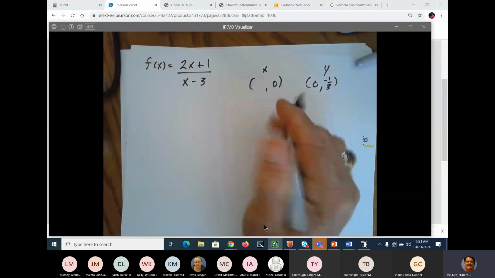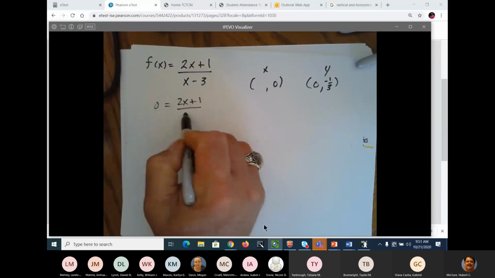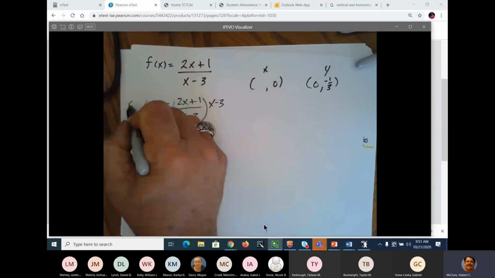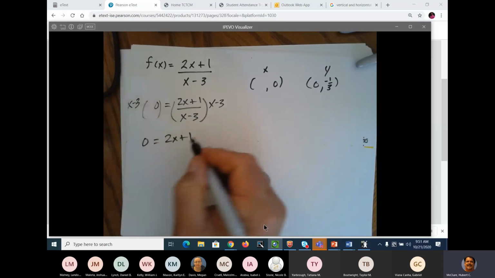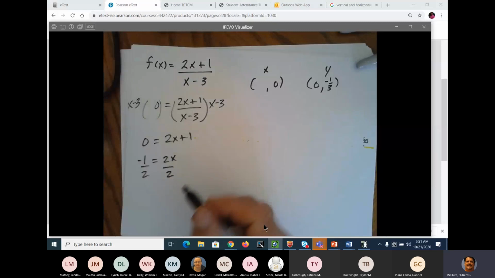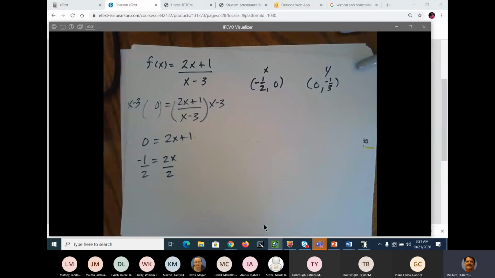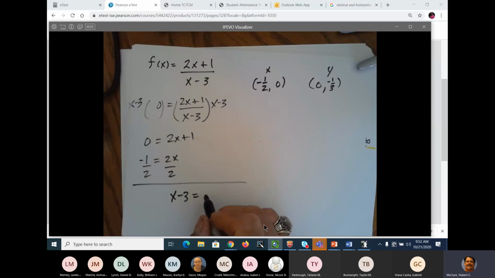Plug in 0 for y. Multiply both sides by x minus 3. Minus 1, 2x, divided by 2. And negative 1/2 is your x-intercept. Now let's set the denominator equal to 0. x minus 3 is equal to 0. x cannot equal 3.